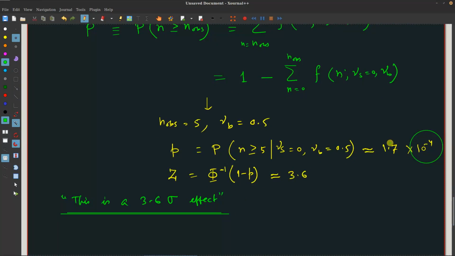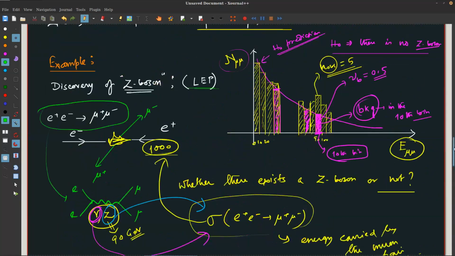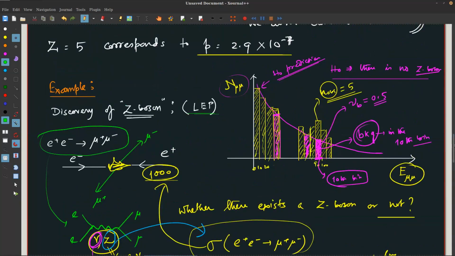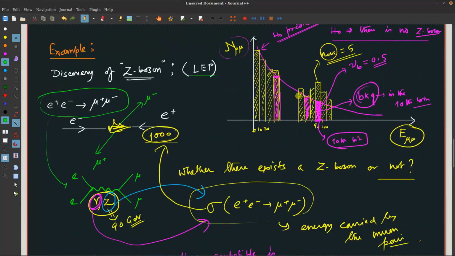So what experimental physics people do is they convert this type of plot. This is basically the background event. The purple histograms are the background event, and the yellow ones are your observed data. They can actually calculate the p-value bin by bin, every bin.